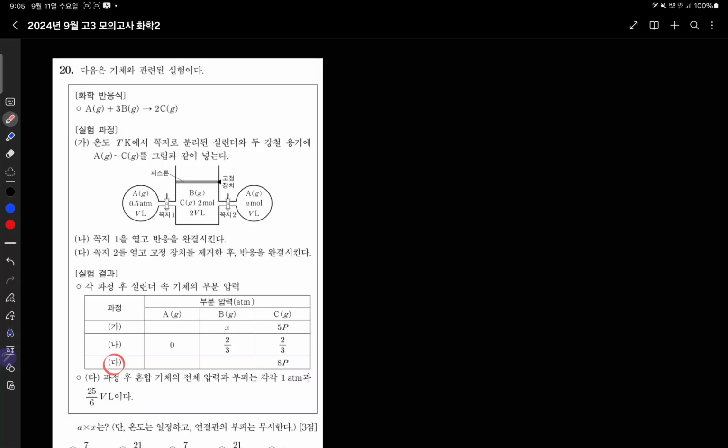After the second reaction, partial pressure of gas C is 8 times P, and the total pressure after the second reaction is 1 atm, and total volume is 25 over 6 times V liter.